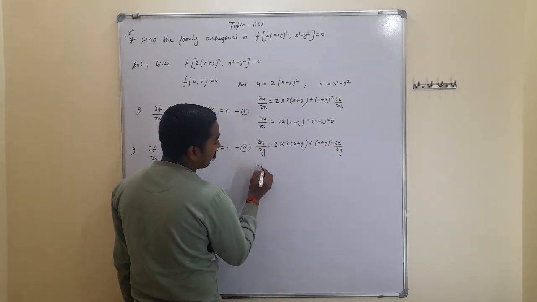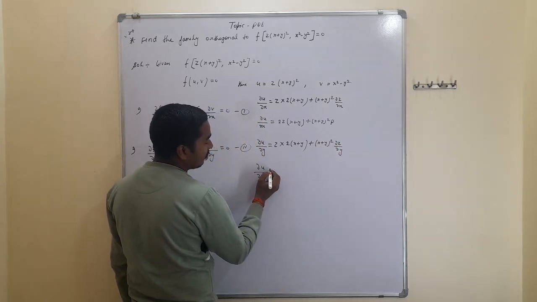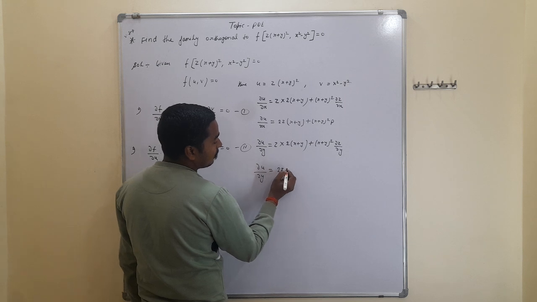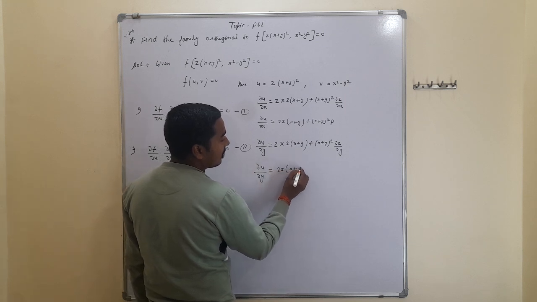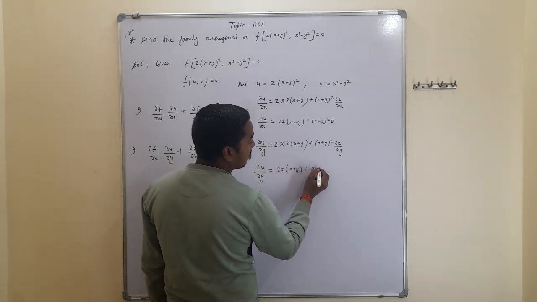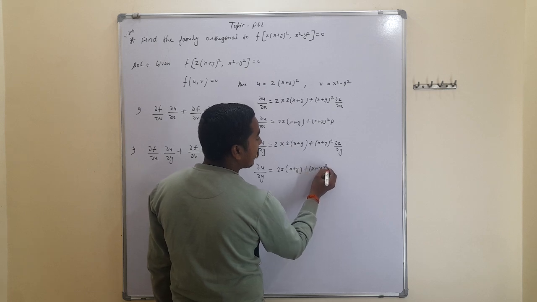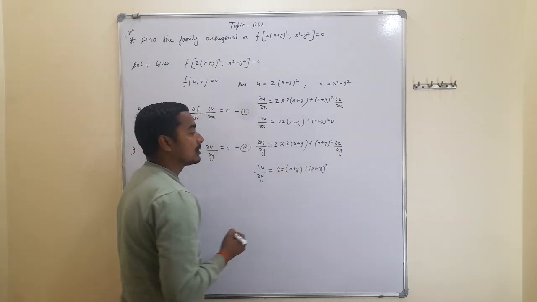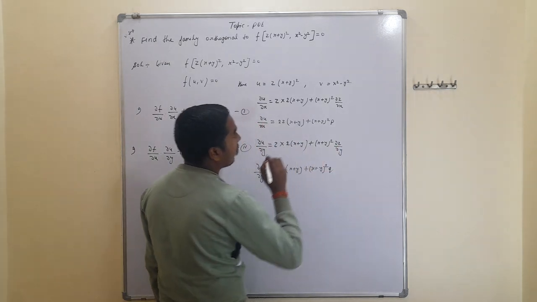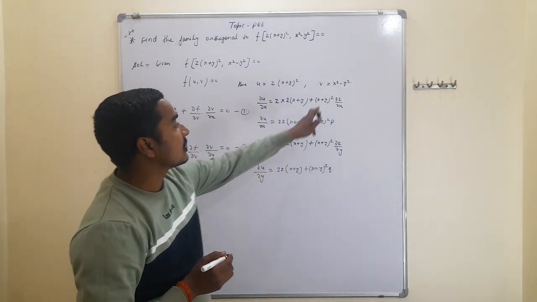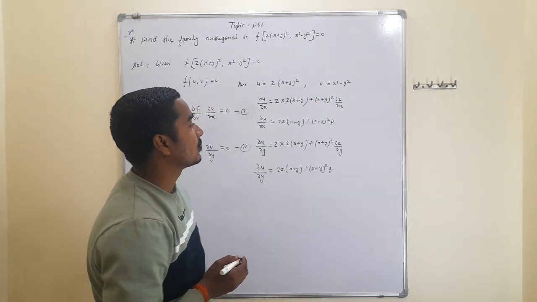From here we can also write del u upon del y is equal to 2z into (x plus y) plus (x plus y) whole square into q, where del z upon del y is written as q. Further, the value of v is given by v is equal to x square minus y square.